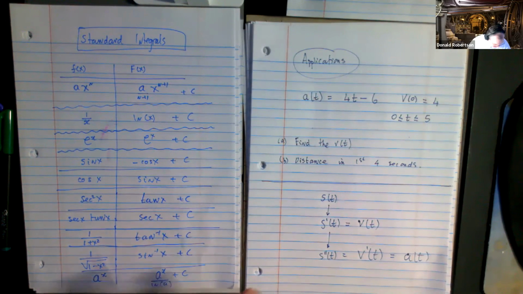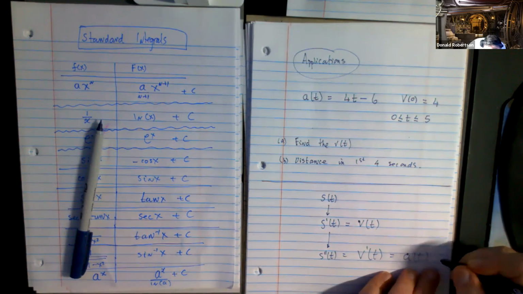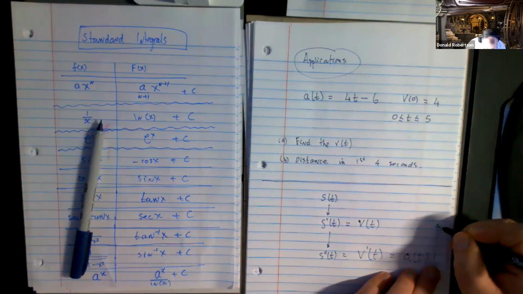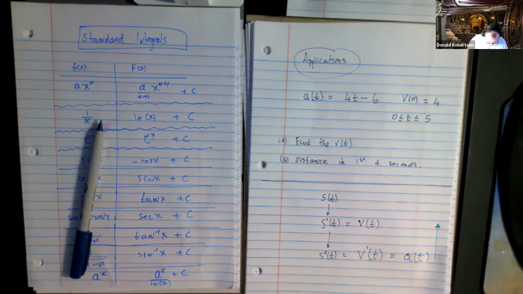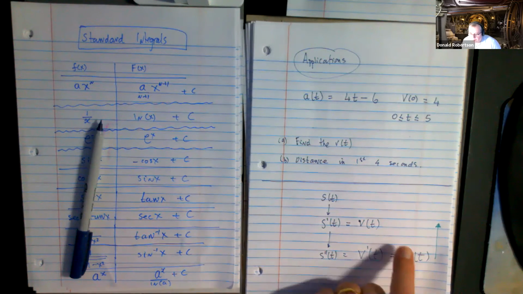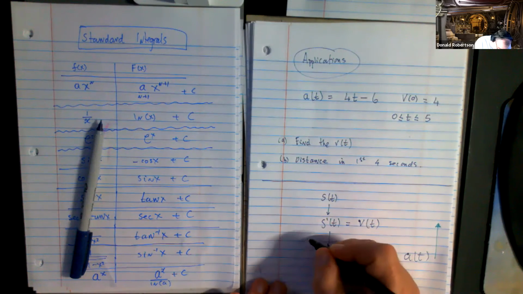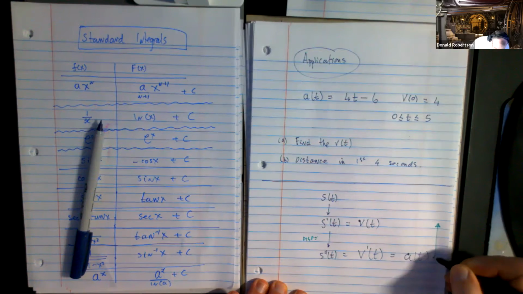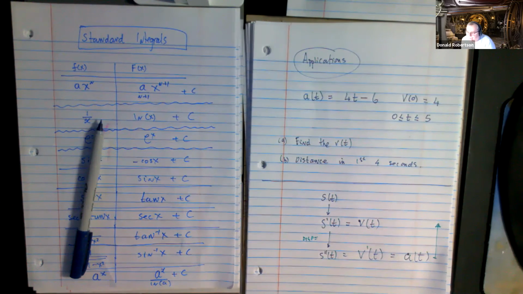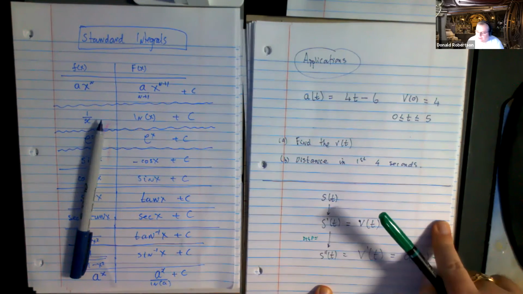So I'm going to use that, but I'm going to use it the other way. If I know the acceleration and I would like to get to the velocity, what do you think I do with the acceleration? If going this way is differentiate, what process would be working backwards?